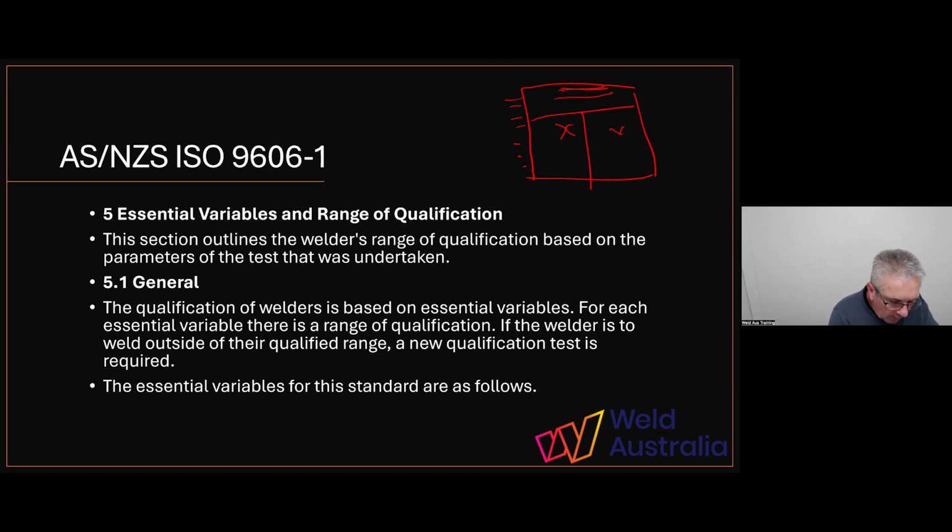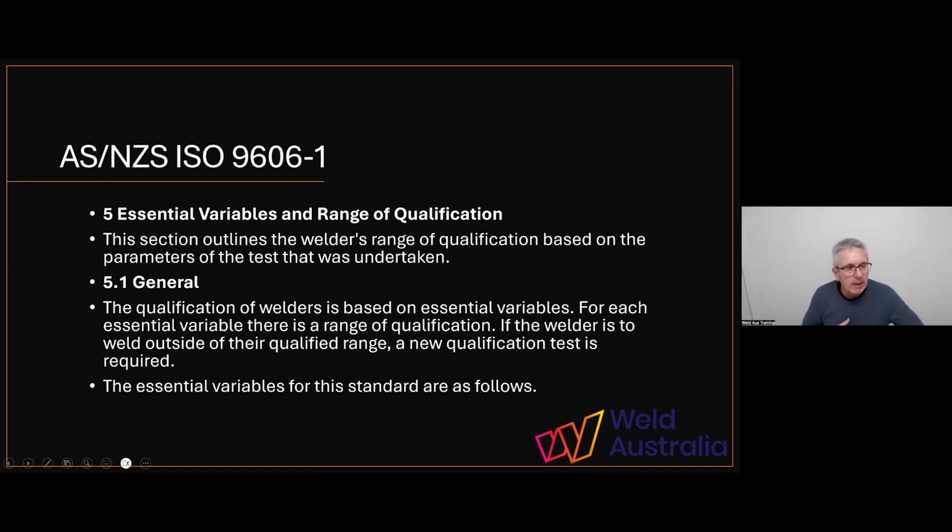Then we're going to work our way down from that designation, checking that the information we see on this side of the document aligns with it. And once we can clarify that, then we can start looking at the range of qualification that comes off this side. So that's where section 5 is where we'll tend to be when we're verifying, particularly the range of qualification, but any other information there that we see, what took place, we're going to be basically in this section.